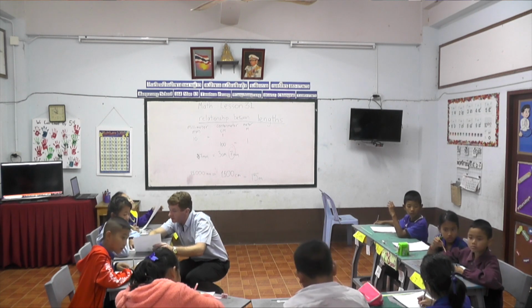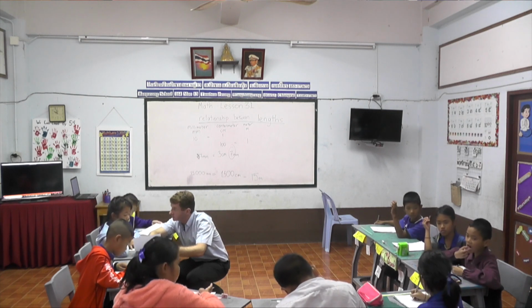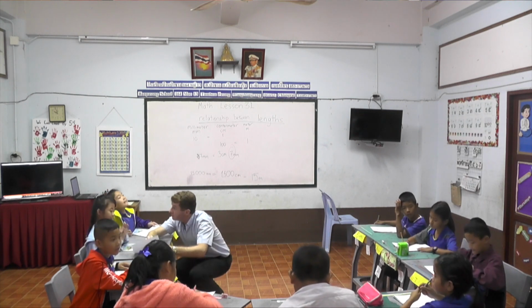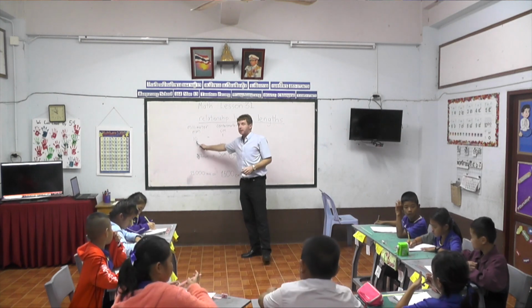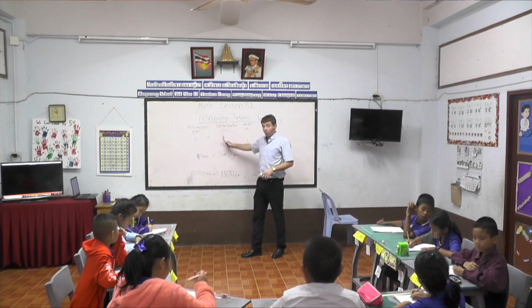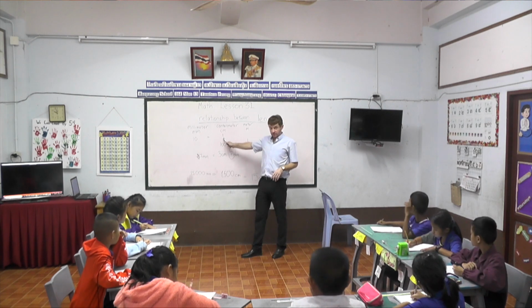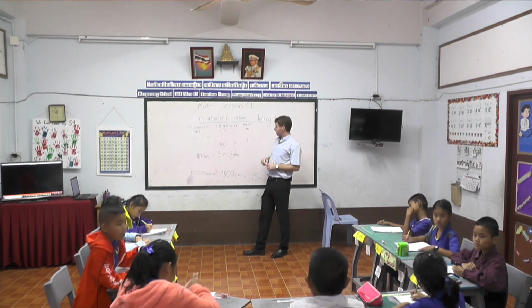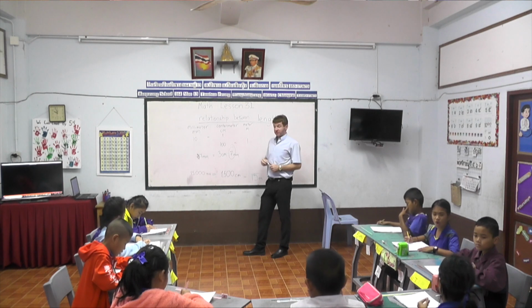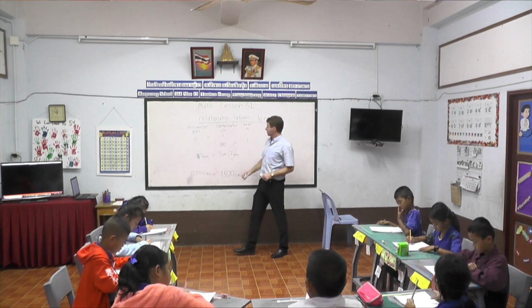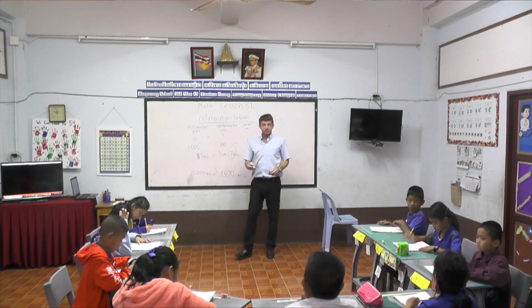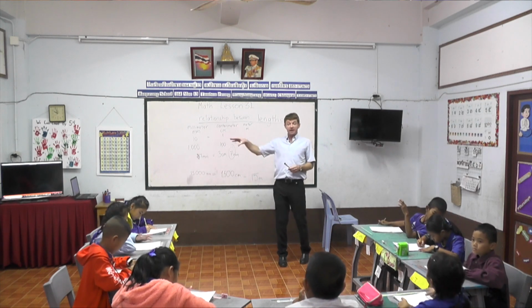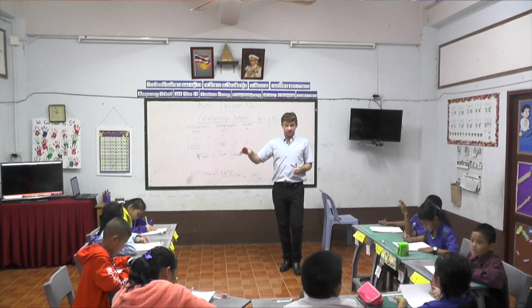So 4 meters, 6 centimeters. Okay, remember. Guys, remember, 10 millimeters, 1 centimeter. 1 meter, 100 centimeters. And 1 meter, 1,000 millimeters. So you need to convert the different lengths.